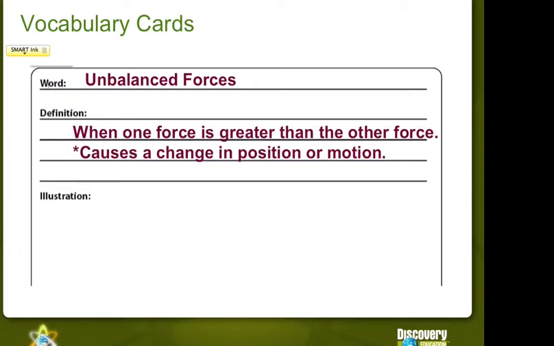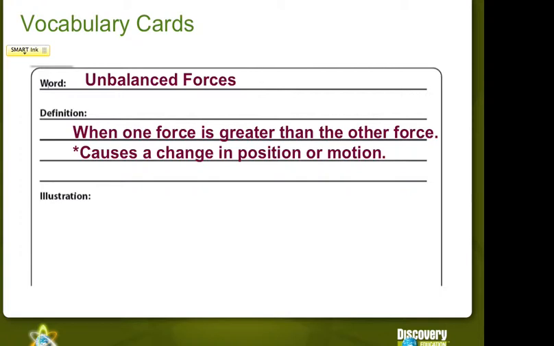You have balanced forces. The definition is when two opposite forces are at equilibrium. Equilibrium just means equal. You have unbalanced forces, and that's when one force is greater than the other force and causes a change in position.